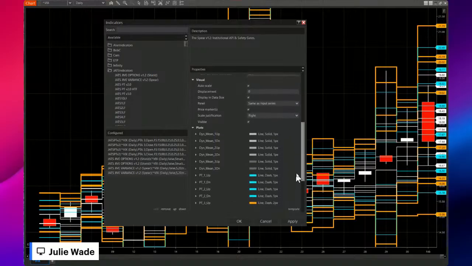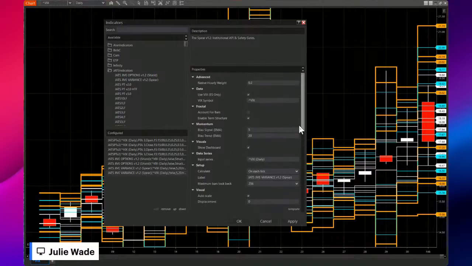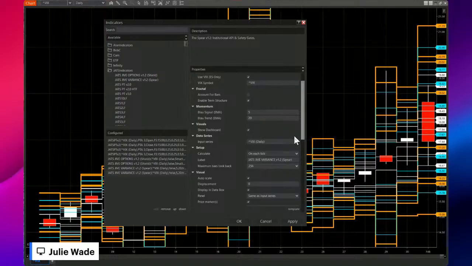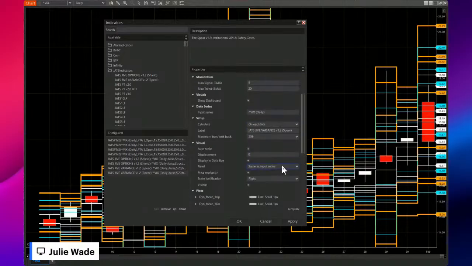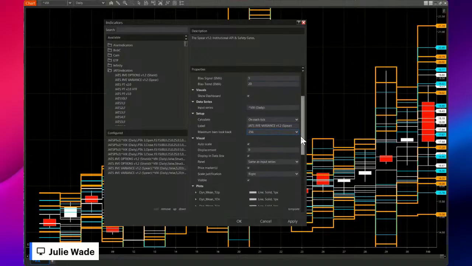We're going to change the... where did it go? Well, here it is.